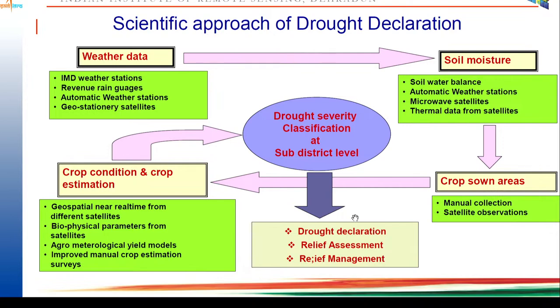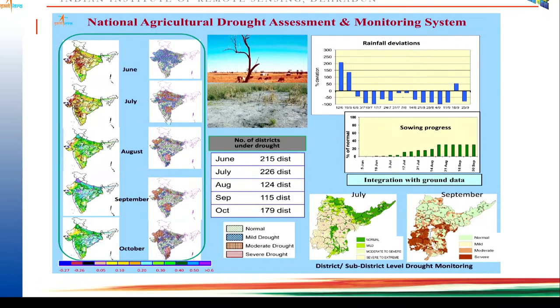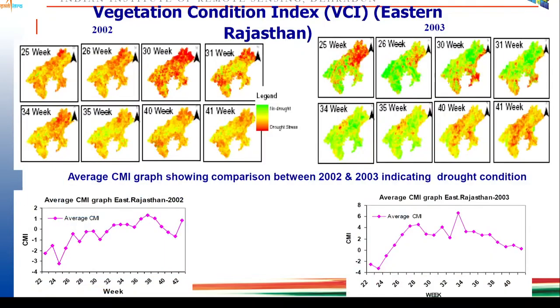All this information you can integrate to get drought severity classification: normal, mild drought, moderate drought, or severe drought condition. So this is one approach of monitoring crop condition affected by drought.